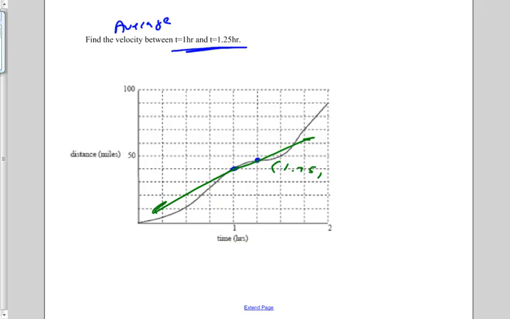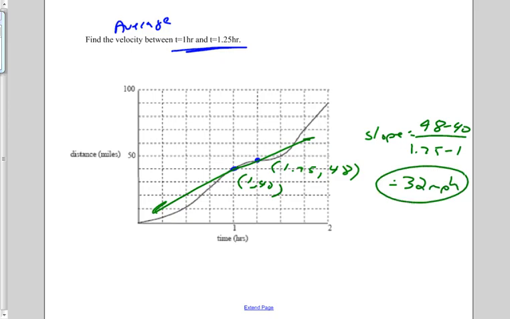Now we're going to need to estimate a little bit, and that's roughly 48. And here we've got the point 1, 40 again. So the slope is 48 minus 40 over 1.25 minus 1. And this is 32 miles per hour.